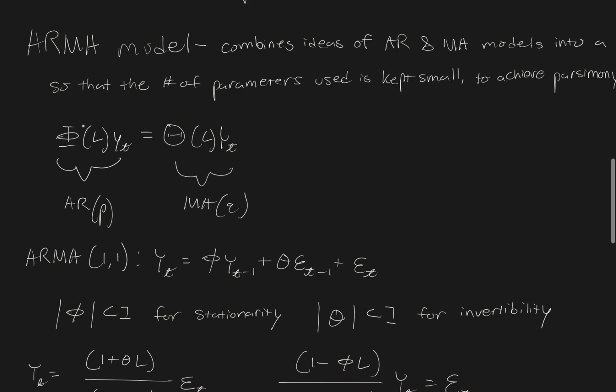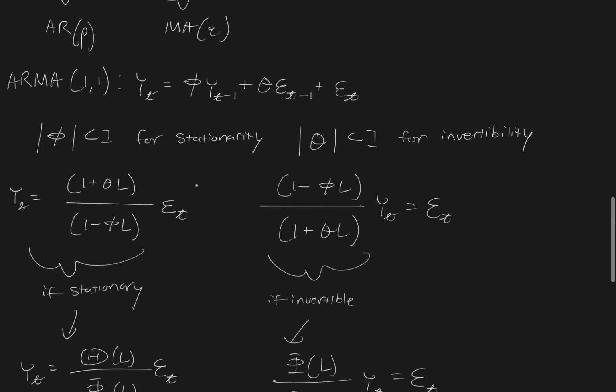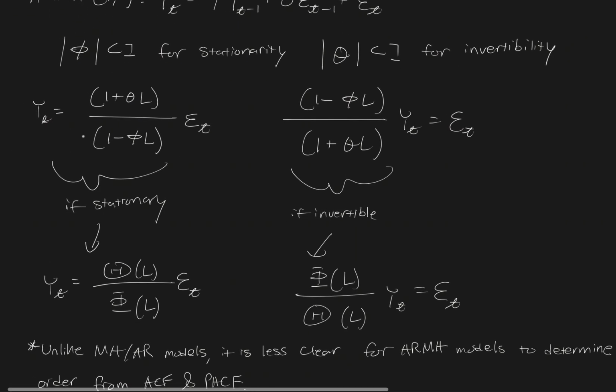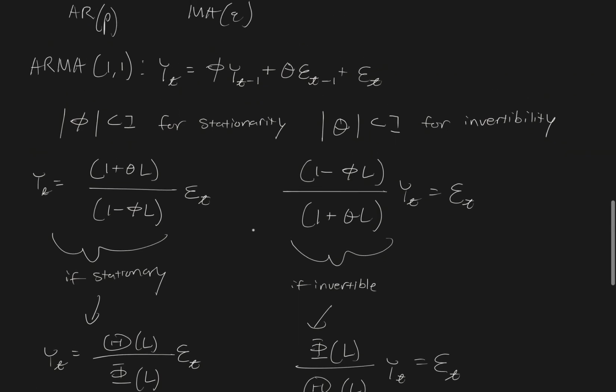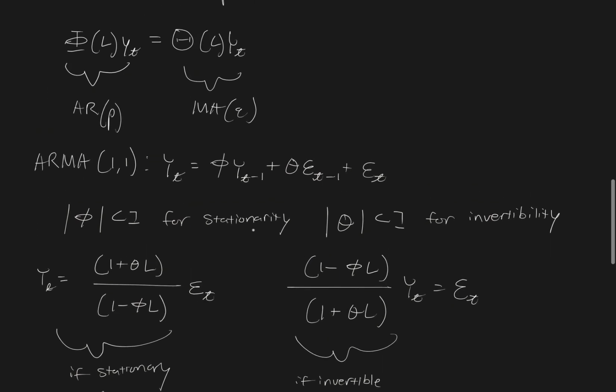Algebraically, this is another fancy way of writing phi and then theta, just in different symbols because, as you can see here, if this part is stationarity, then we can model it as this part, and then in invertibility, we can switch the coefficients around, and then this is what it will represent. This is in terms of the error, this is in terms of the y. So algebraically, there's a lot of flipping back and forth, but conceptually, it's pretty simple.